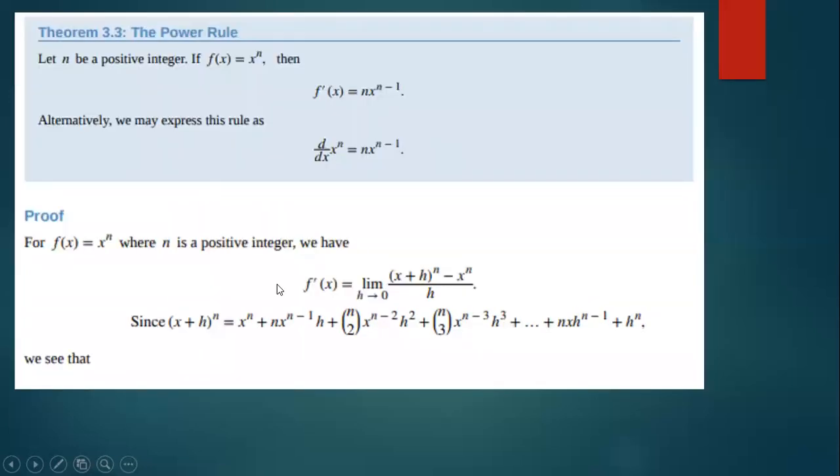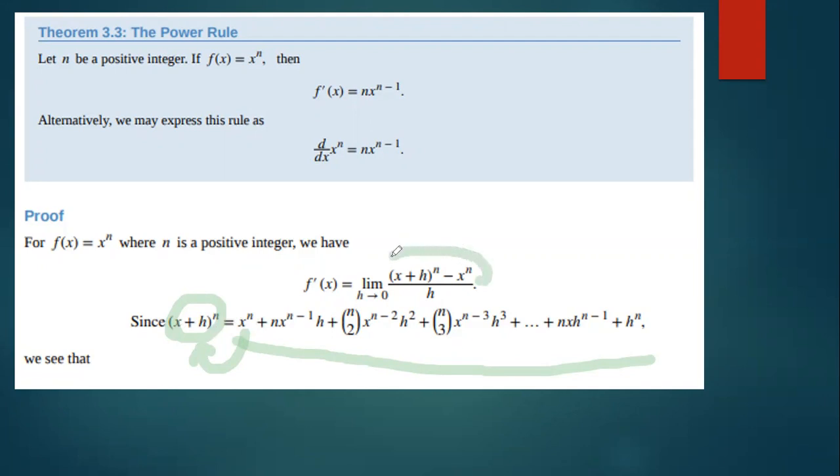By the binomial theorem we expand (x plus h) to the n. Now taking this x to the n to the left-hand side, it will be (x plus h) to the n minus x to the n.